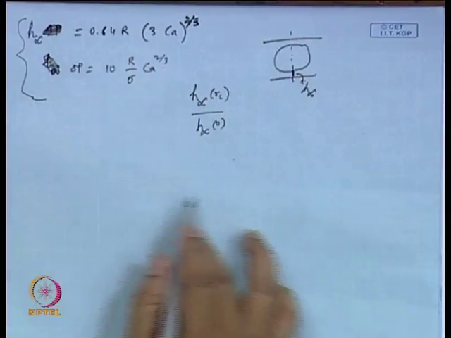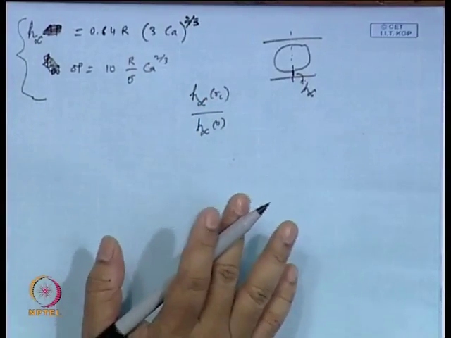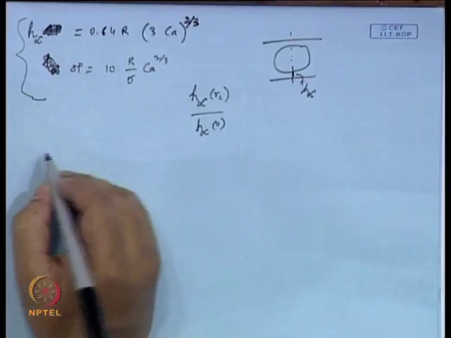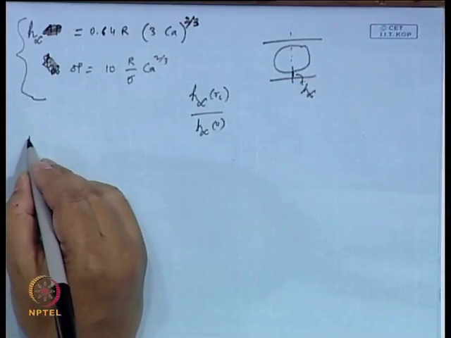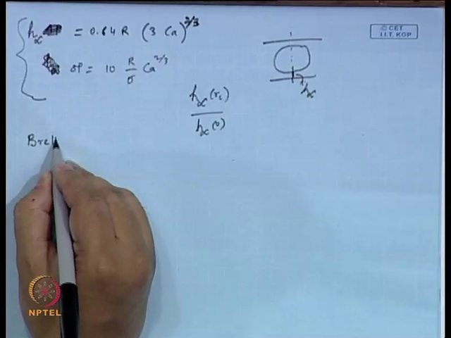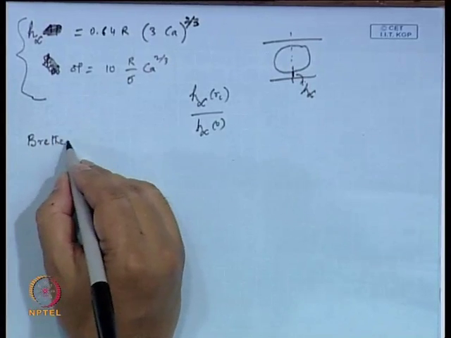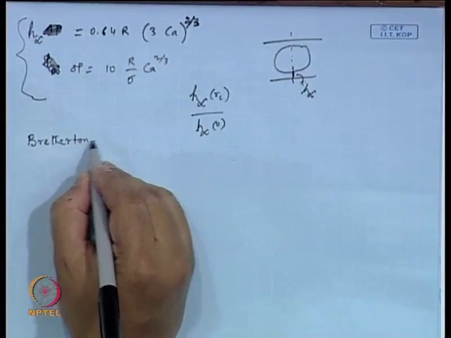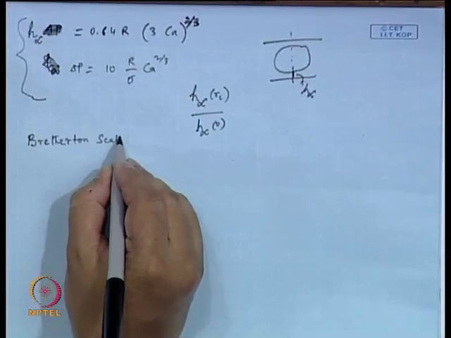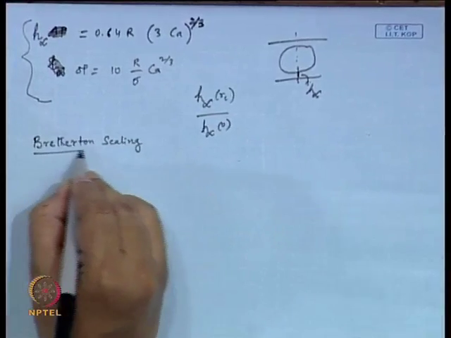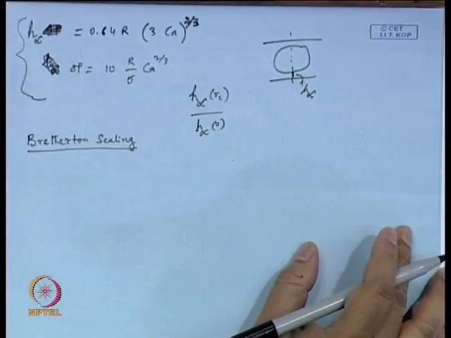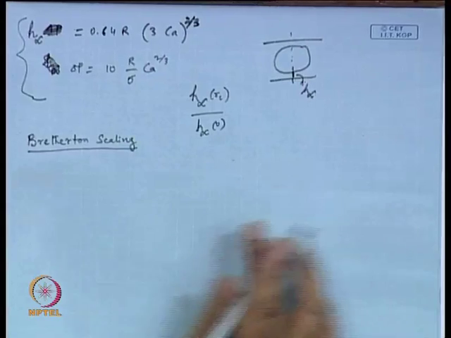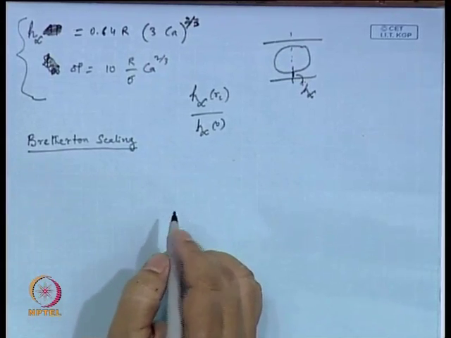On top of this understanding of Bretherton's equation, or the solution of Bretherton's analysis, we have another point to be noted before we move to other topics, something called Bretherton scaling. The Bretherton scaling is something like this.